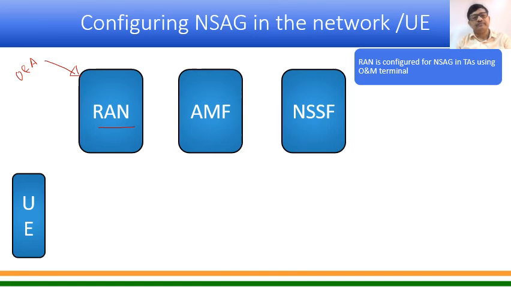So it's pre-configured which TA will support which NSAG and which slices inside that, since this RAN may have multiple TAs.